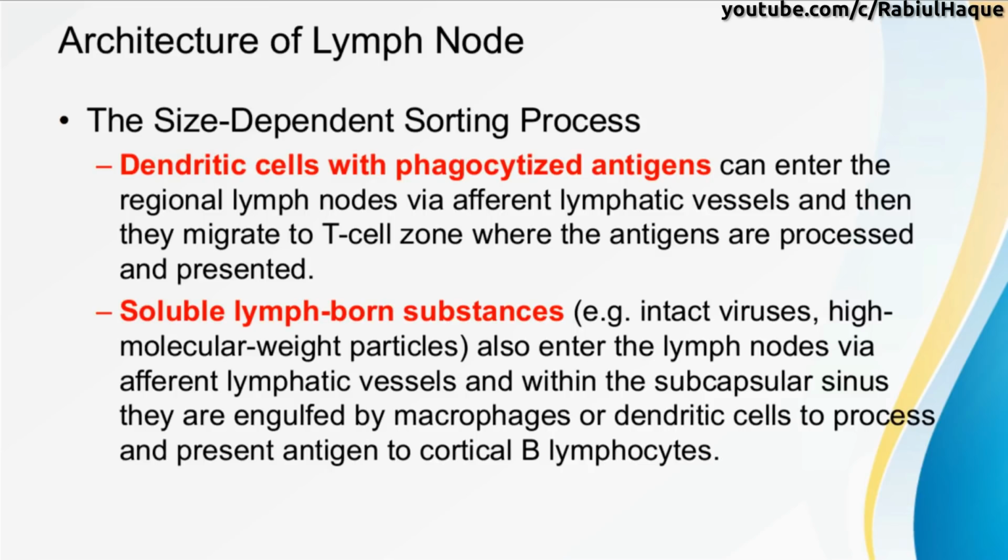So what are they doing? They are going to the lymph node, entering the regional lymph nodes via afferent lymphatic vessels, and then they are migrating to the T cell zone of the lymph node due to chemotactic stimuli, and there in the T cell zone the antigens are being processed and presented.